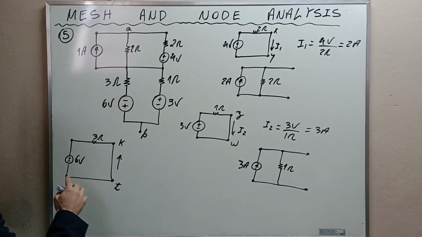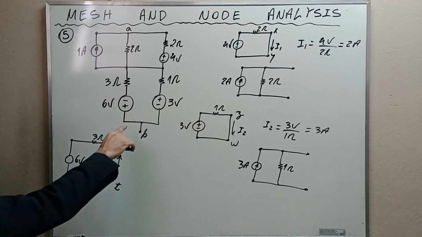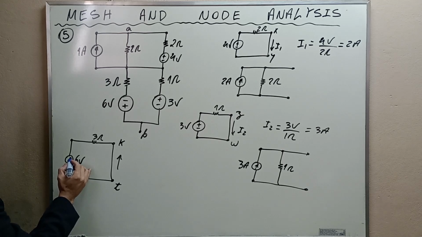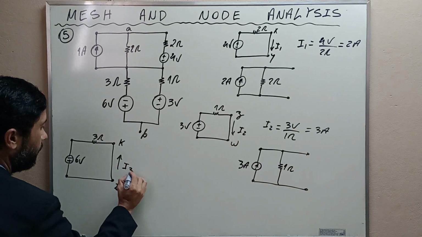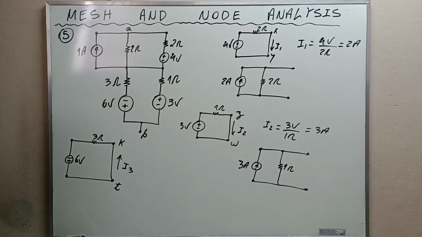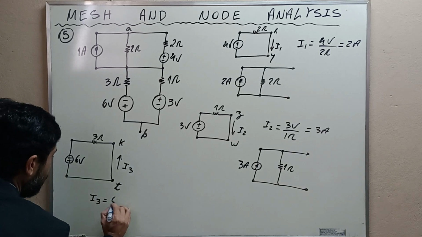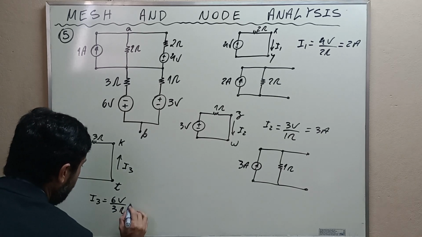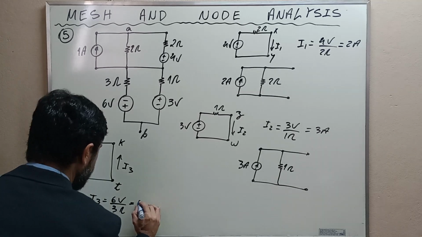Observe that here it is different. I made a mistake here. Observe that the polarity is inverse. Then it is in this way, and the current flows upwards. Okay? And I3 will be equal to 6 volts divided by 3 ohms, and this is equal to 2 amps.